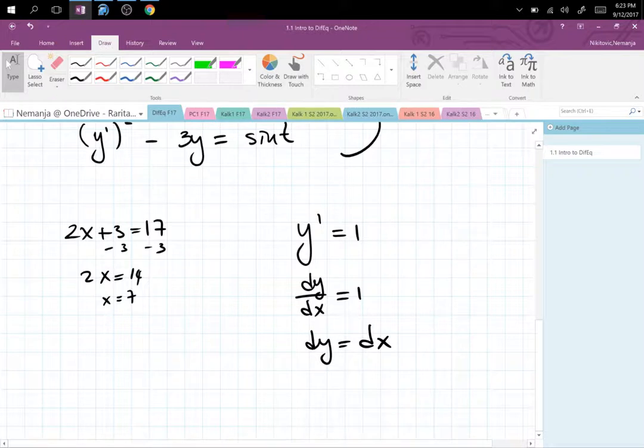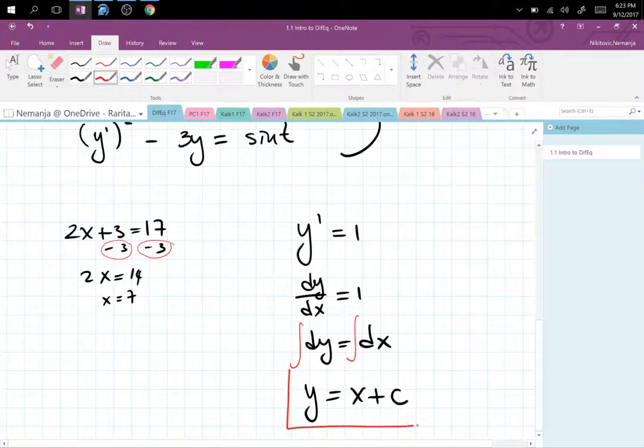So remember what we did here. You see me subtracting 3 on both sides because that is opposite to adding 3, which was in the equation. What you have there is you have derivatives, which you create into differentials, and you undo those by integrating both sides. So you get y equals x plus c.